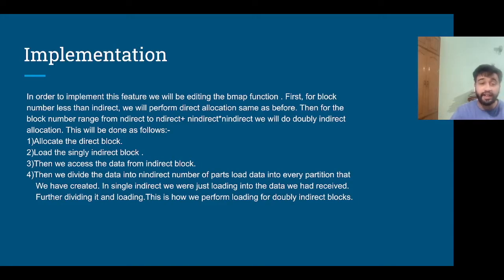Then we will get the data from this indirect block, and then we will divide this data into NINDIRECT number of parts and load every part of the partition that we have created. In singly indirect, we were just loading the data that we had received. However, now we will be dividing it and loading files into the data parts that we have got. So this is how we will perform doubly indirect addressing.